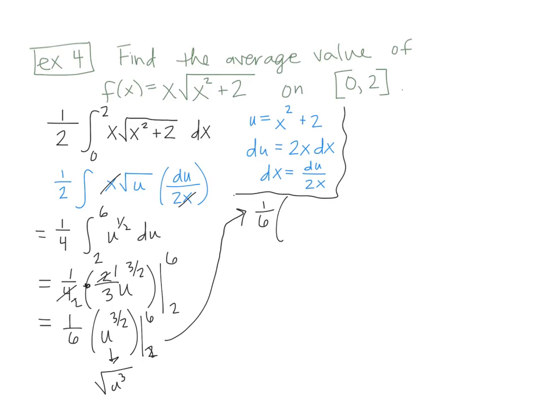So we can rewrite this here as the square root of 6 cubed minus the square root of 2 cubed when we evaluate. All right, so next, 6 cubed is 216. 2 cubed is 8.